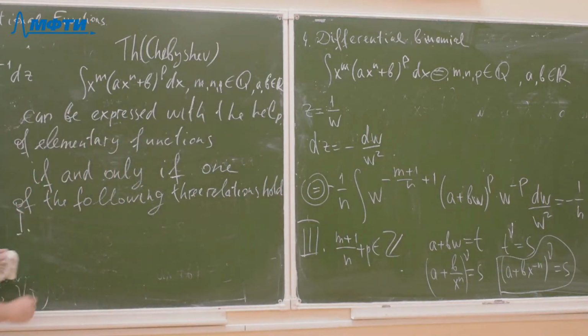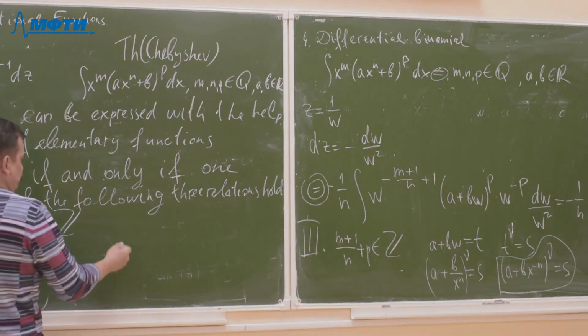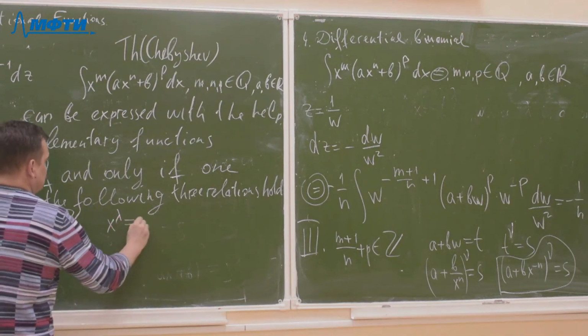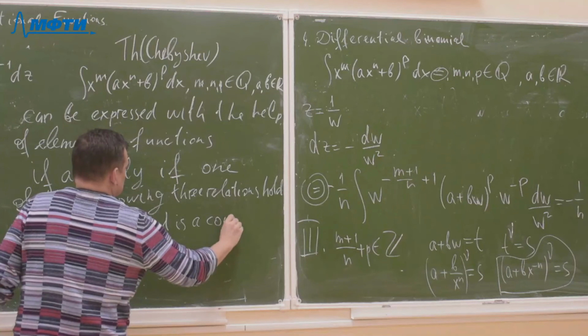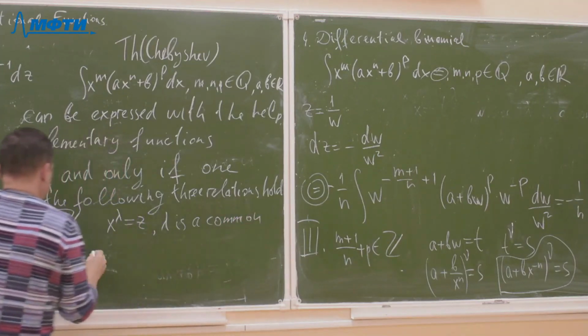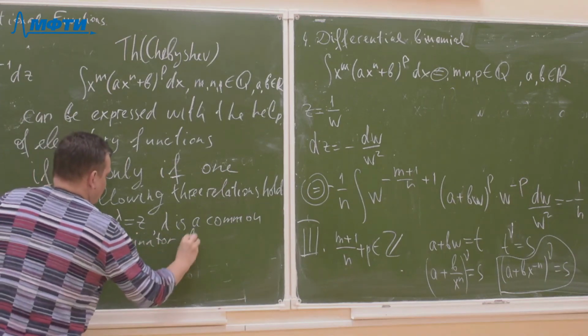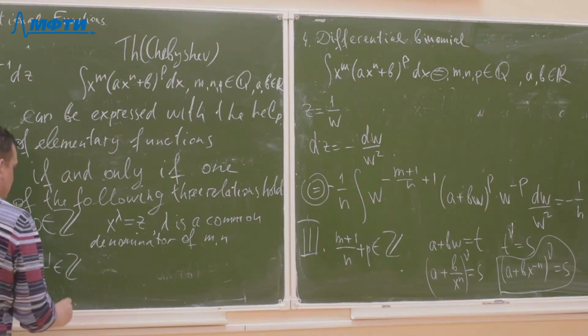So first, let me collect them once again. p is an integer. Here we represent x to the power lambda equals z, where lambda is a common denominator of m and n. Second case, m plus 1 over n is an integer.